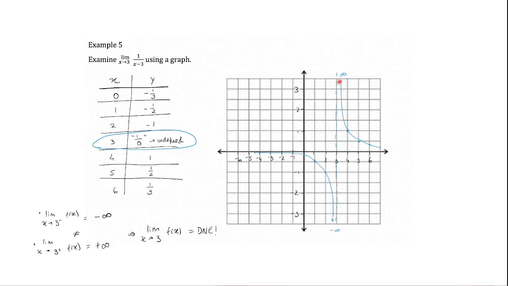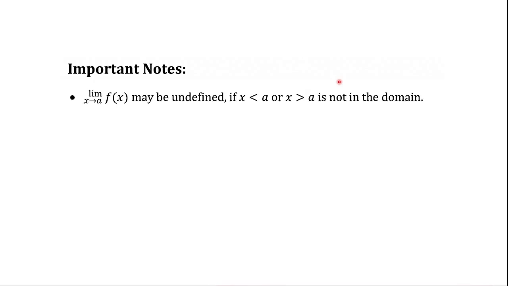All right, so let's summarize all of these conclusions. Some important notes here. The limit of a function may be undefined if x is less than a or x is greater than a is not in the domain. And so what does this mean?